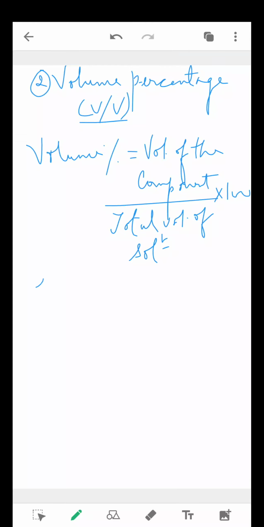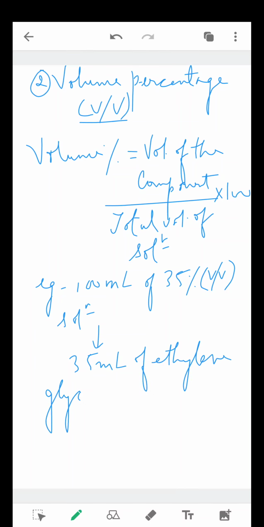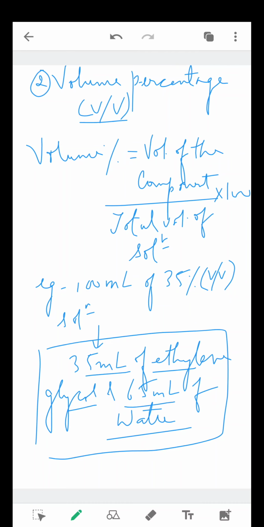For example, if we say that 100 milliliter of a 35% V by V solution of ethylene glycol, how much will it contain? It will contain 35 milliliter of ethylene glycol and 65 milliliter of water.